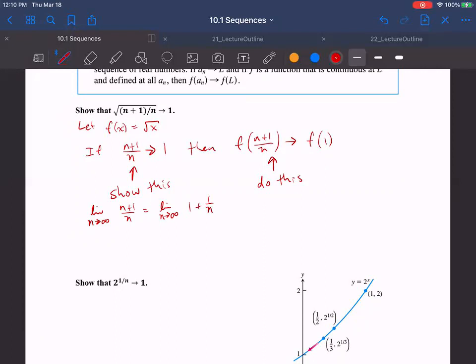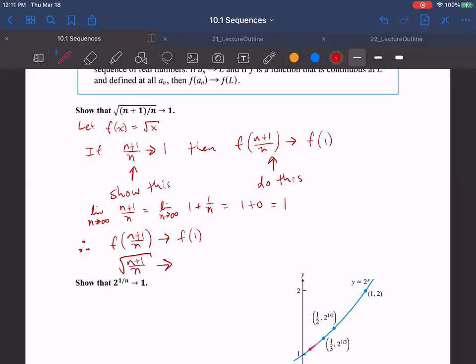So we end up with 1 plus 0, which is 1. All right, so we showed that. And therefore, f of (n plus 1 over n) goes to f of 1, which means f of (n plus 1 over n) is the square root of (n plus 1 over n), which is what we were looking for.